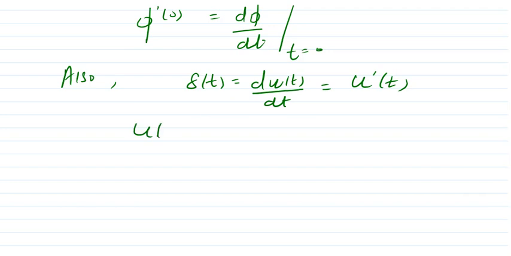And if we integrate the unit impulse, it gives us the unit step function. All these things we can keep in mind, because they will be useful when we are solving problems related to signals and systems.